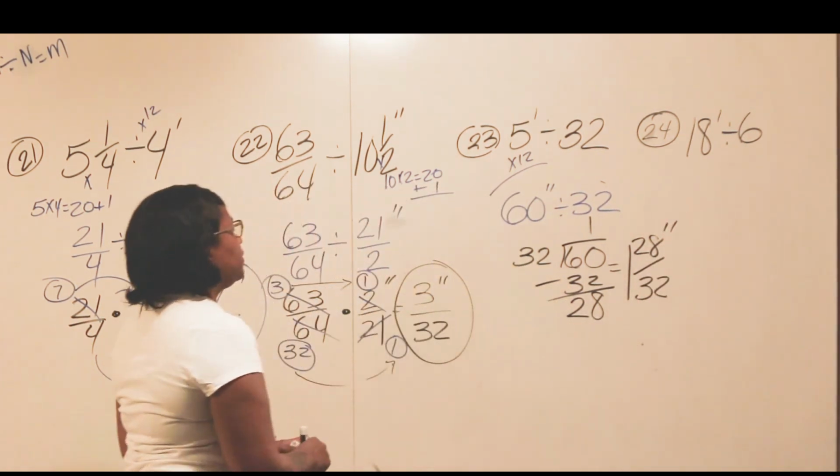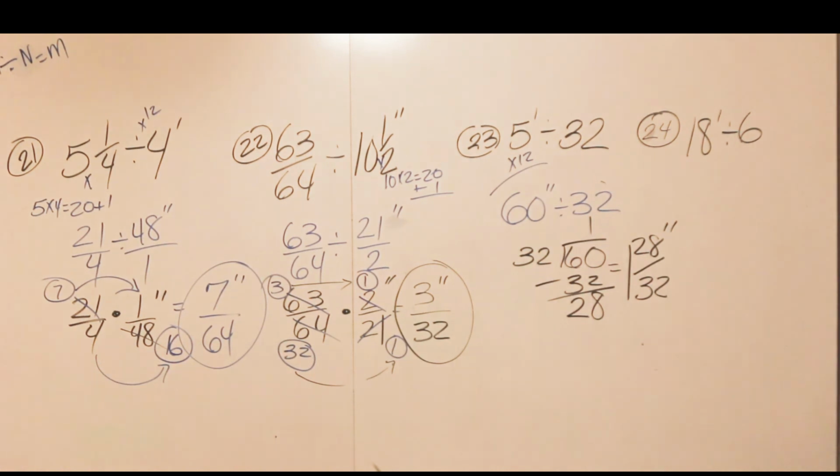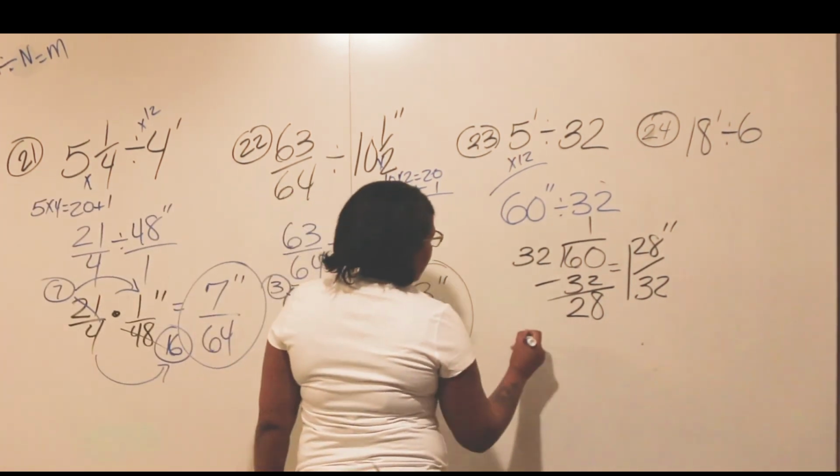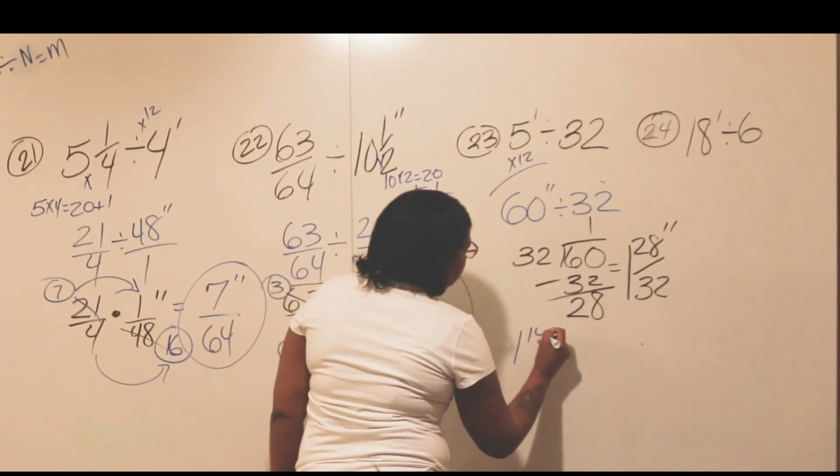Always ask, can you reduce? Even numbers, so we can reduce 28 thirty-seconds. When in doubt, if you got 2 even numbers, what can you use? 2. If you take 28 and cut it in half, you have 14.